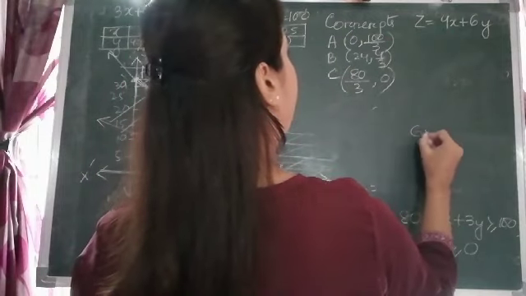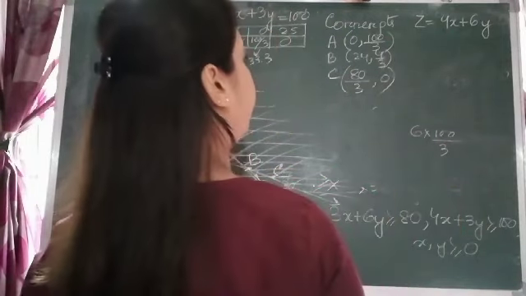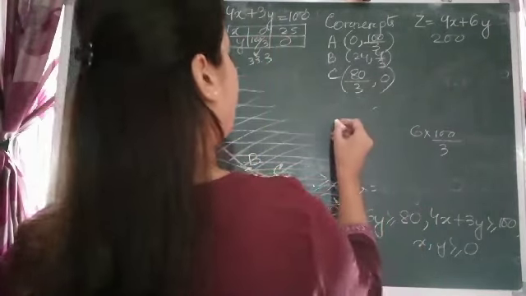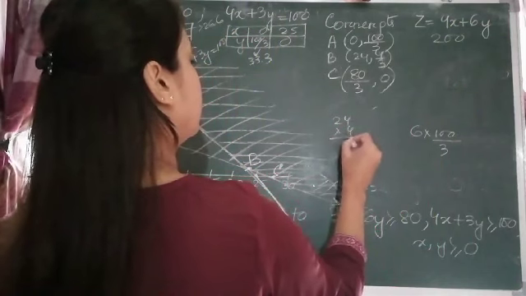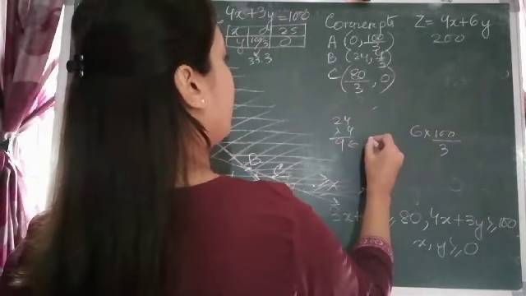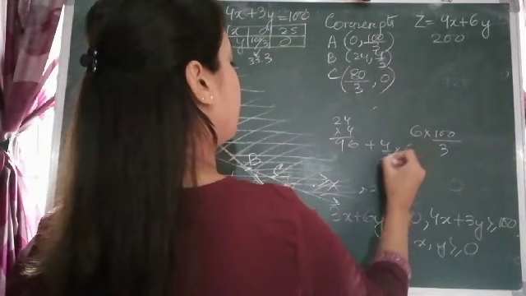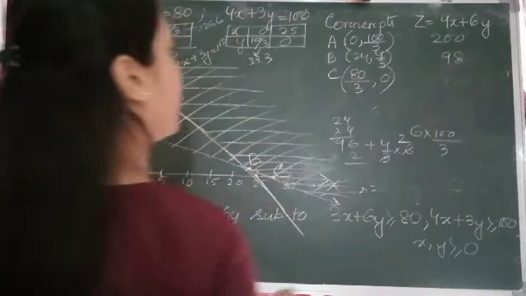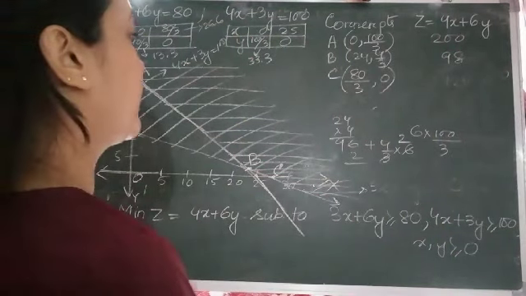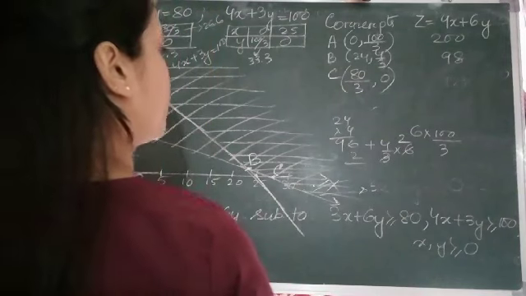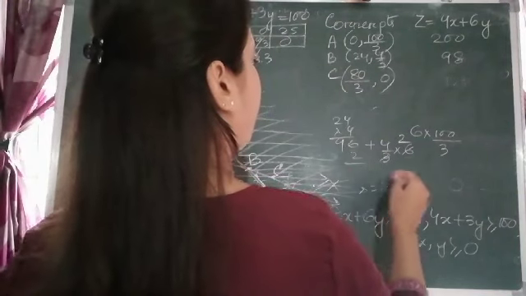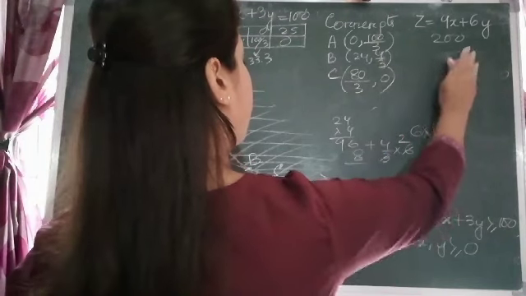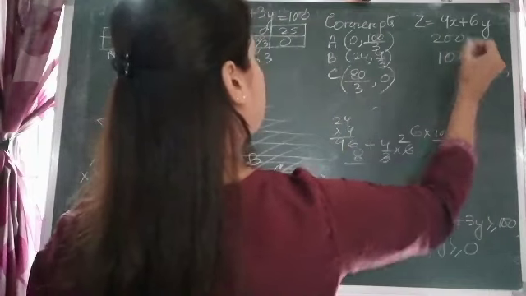So 6 into 100 by 3 will be equal to 200. Next 24 into 4, 96, plus 4 by 3 into 6, that is 8, so this will be equal to 104.